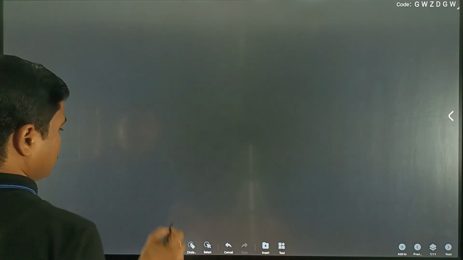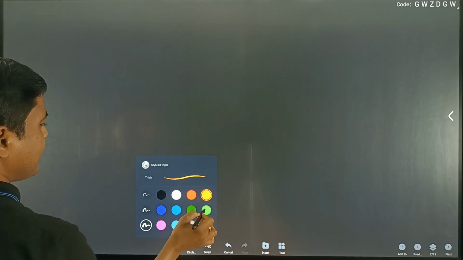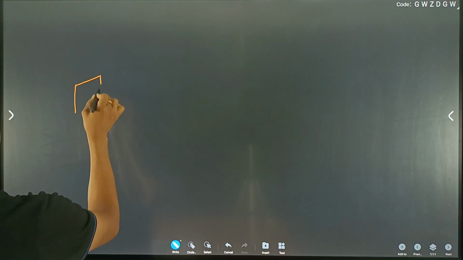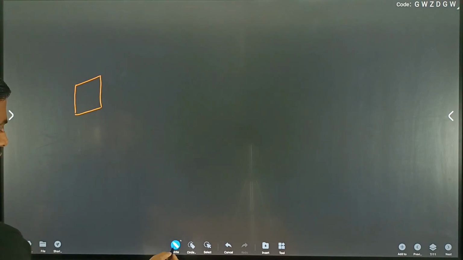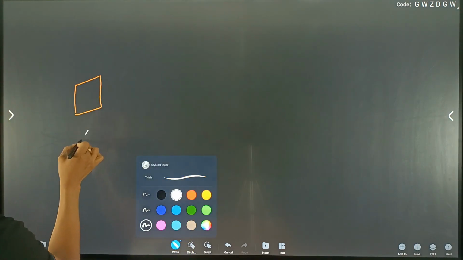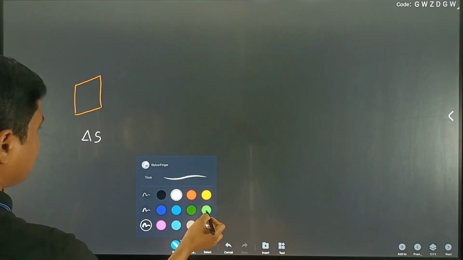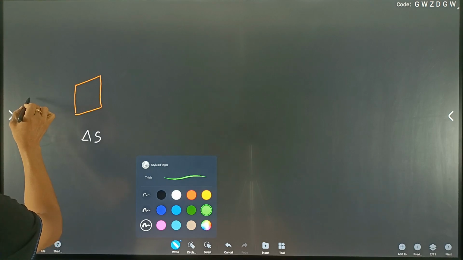Suppose we take a small area, and this small area we write as del S, and we draw the field lines.